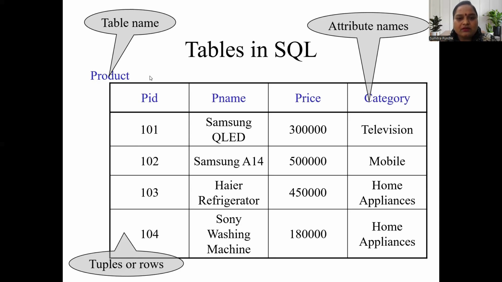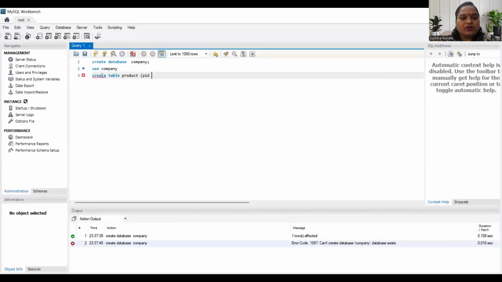I'll be sharing the other platform, MySQL Workbench. Here I have created a database: create database company, then use company, and we'll be creating a table. Create table product, then the ID is integer and it's a primary key. Next we'll create product name.